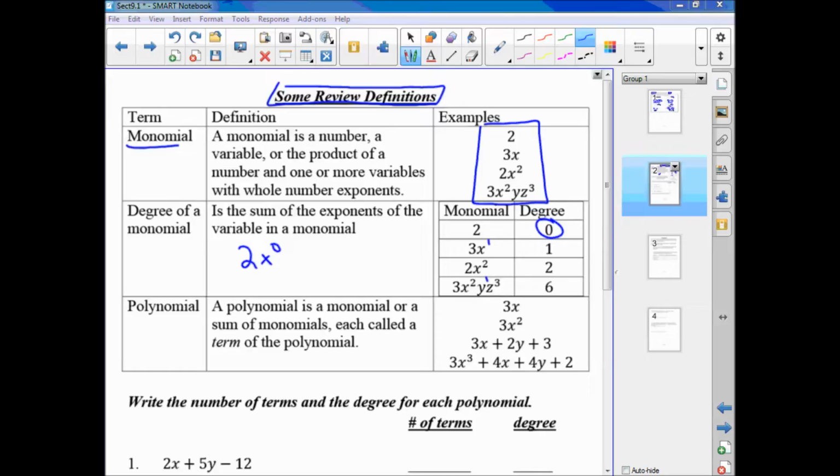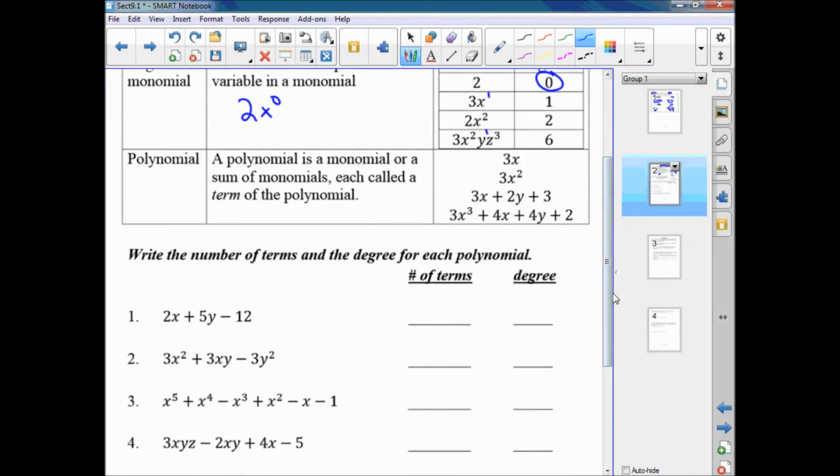Okay, a polynomial is a new one here. This is a monomial or a sum of monomials. Each monomial that is added together is called a term of the polynomial.